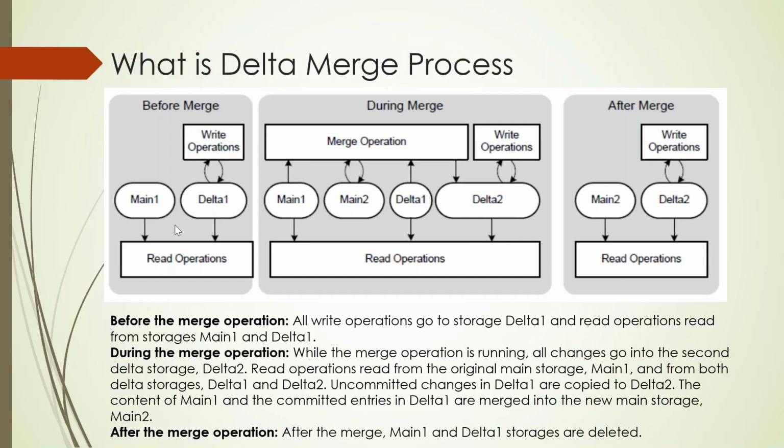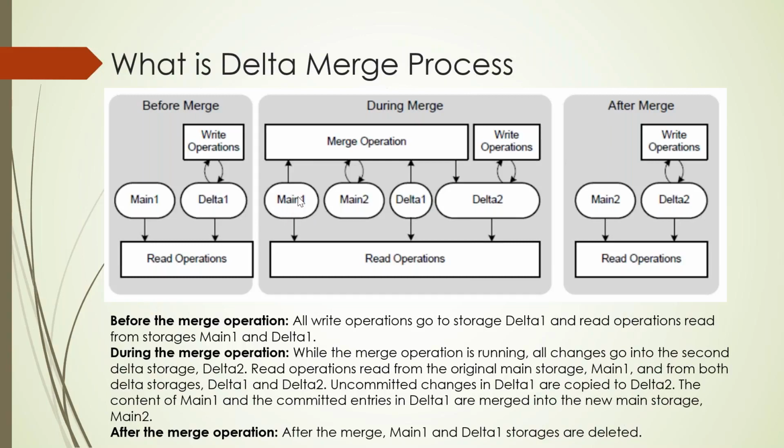What happens when the merge process starts? During the merge job process, main two and delta two are created. The data of main one is copied to main two.